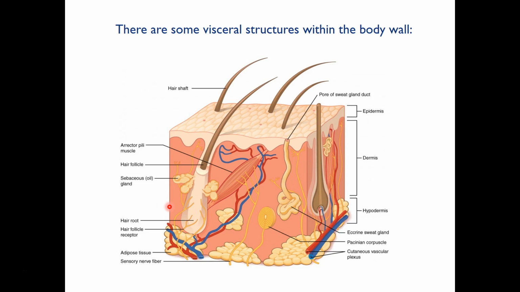But in this cross-section, there are some structures which fall into that smooth muscle, not cardiac muscle, but glands categories that are included within that definition of visceral structures. And examples include the erector pili muscles, which help to elevate hairs, give you goosebumps, sebaceous glands, sweat glands, and smooth muscle contained within vascular and specifically arterial plexuses that supply various regions of the skin and of the body wall.